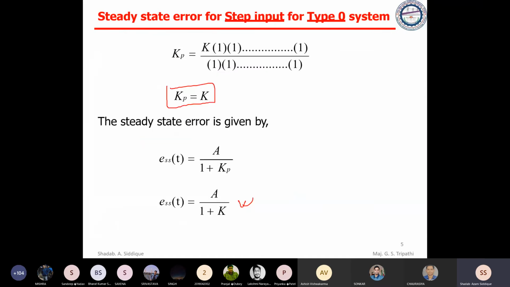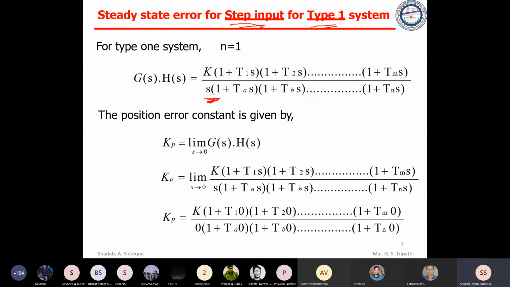So we have a step input and we try to find it for the type 1 system. Type 1 system, this is in a standard form, n equal to 1. We try to substitute s tending to 0. This will become 0 and KP becomes infinite. If KP becomes infinite, then what is ESS?